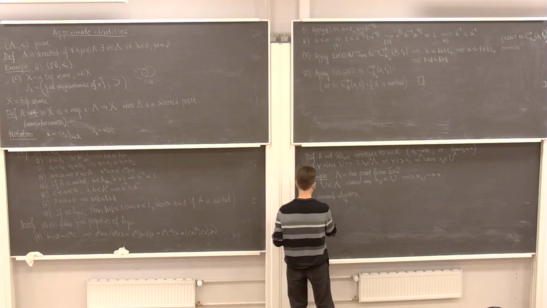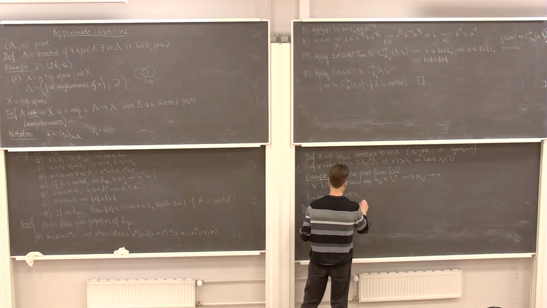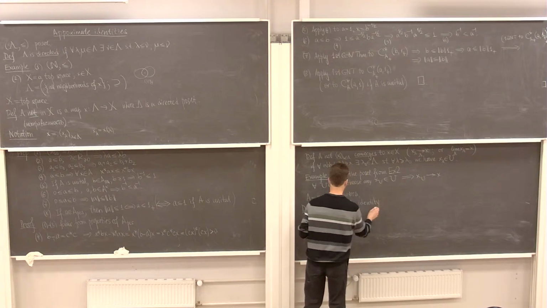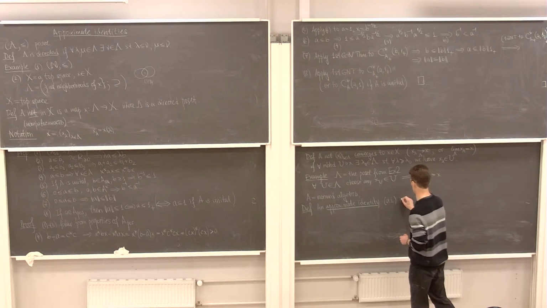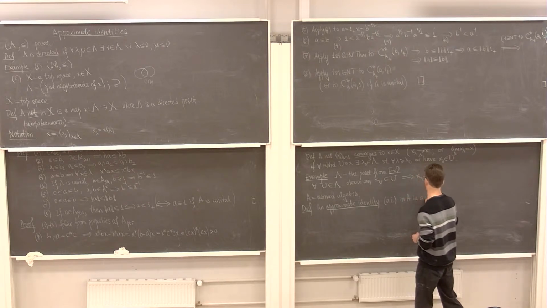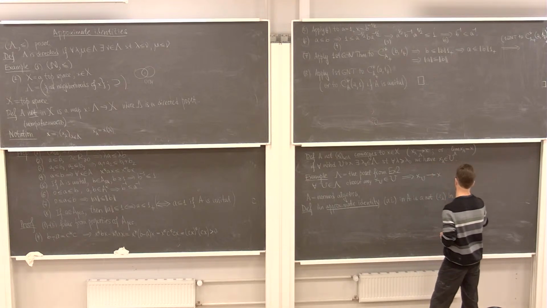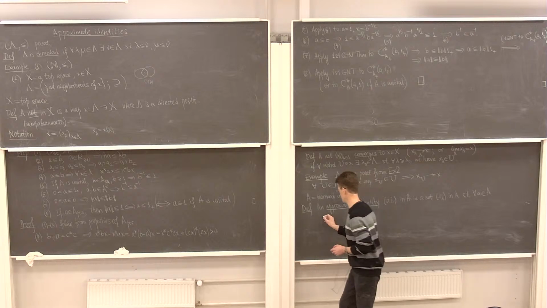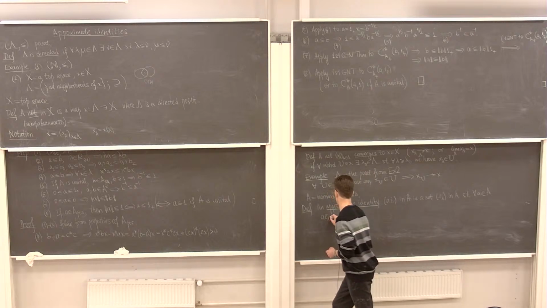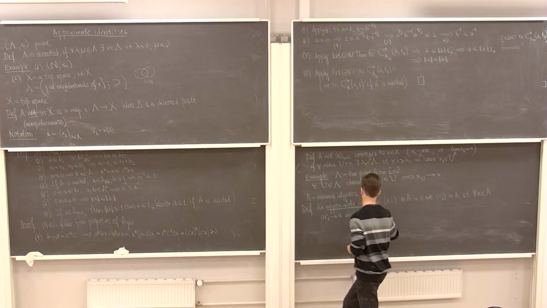By definition, an approximate identity, which we usually abbreviate as AI, in A is a net e lambda in A, such that for every element little a in our algebra, we have the following convergence: a e lambda converges to a, and e lambda a converges to a.